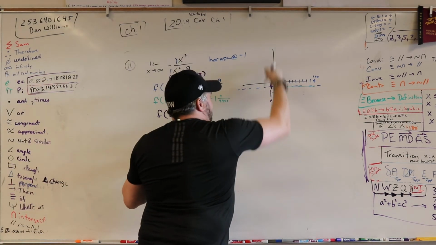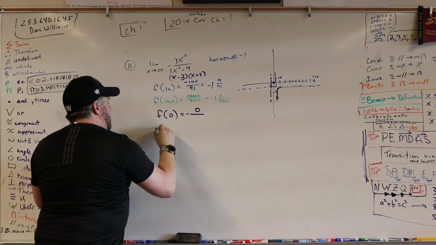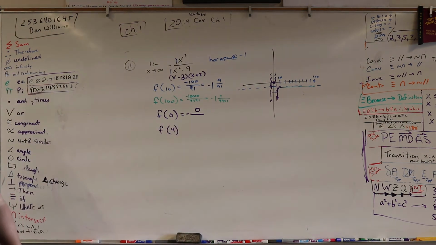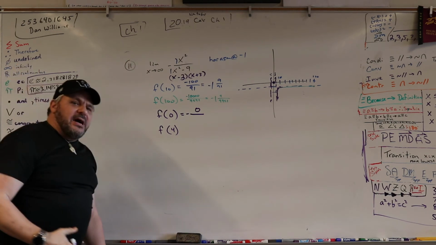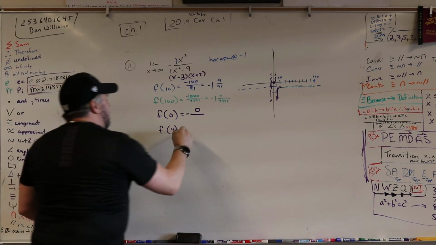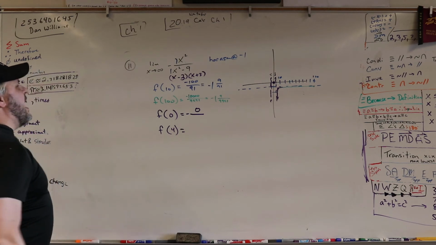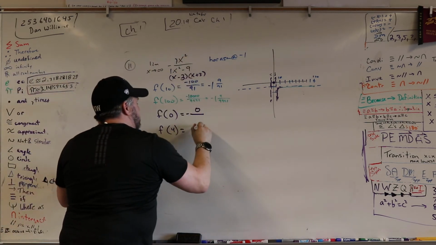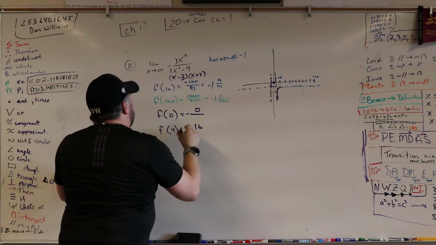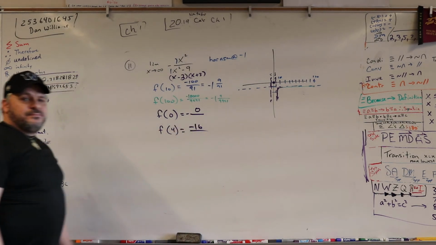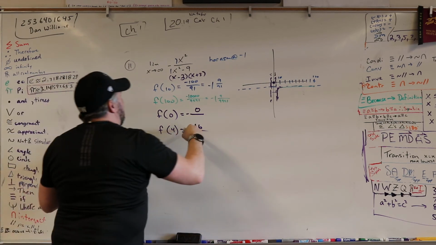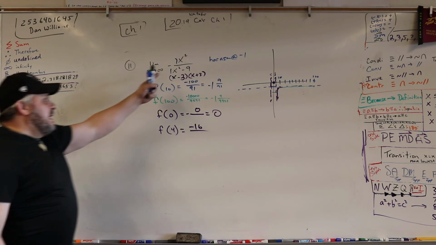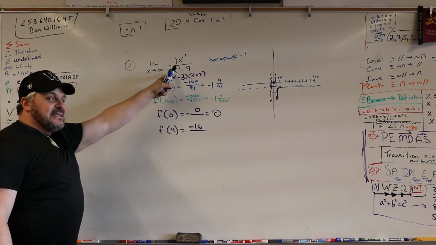So having that, we're going to have to plug in f of 4 because of the vertical asymptotes. So when we look at f of 4, what happens? Well, 4 squared is what? 16, and that's negative 16. If I plug in 4 again, that's 16 minus 9.